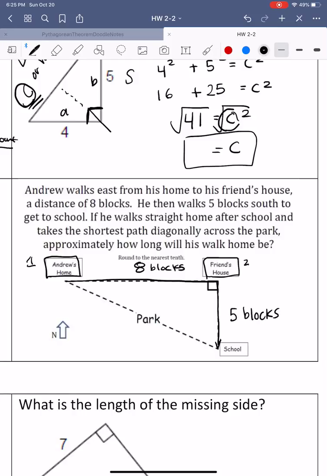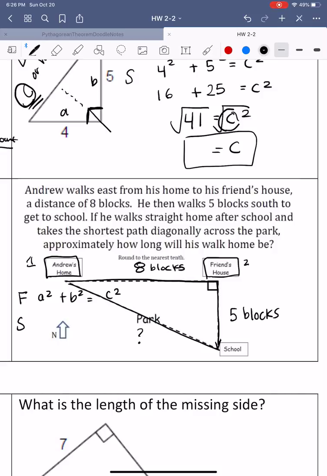And then they're asking how long will this length be? So this looks like to me another Pythagorean theorem question.